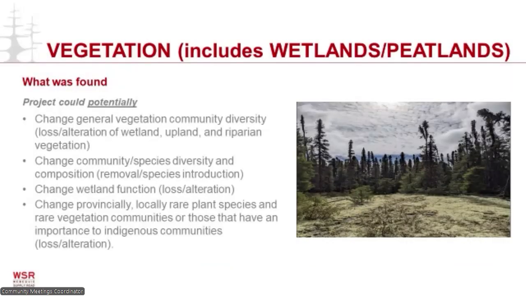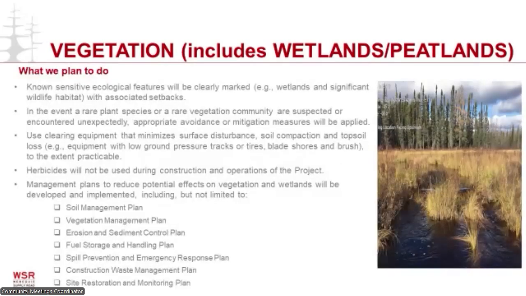Possible impacts on vegetation could include changes in the variety or number of vegetation species through removal of some vegetation species that are rare or are important to community members and introduction of other species not from the area. We plan to mark and protect sensitive areas, including rare vegetation communities, as well as use lower impact vegetation clearing equipment.